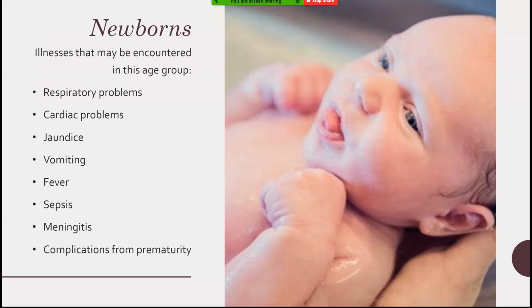So, various issues that newborns may or may not have: a lot of the time, respiratory problems, right? Something as simple as a stuffy nose can impact a newborn because they are obligatory nose breathers. Jaundice is very common, especially in premature and Asian descent children.